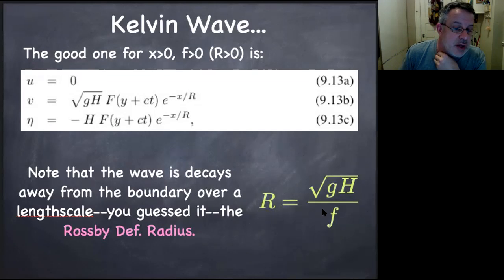For the internal one, that is based on just motion above the pycnocline, this is around 50 kilometers or so. So for barotropic Kelvin waves, we expect them to fill the whole basin. For baroclinic Kelvin waves, you expect them to really be detected just along the coastlines.